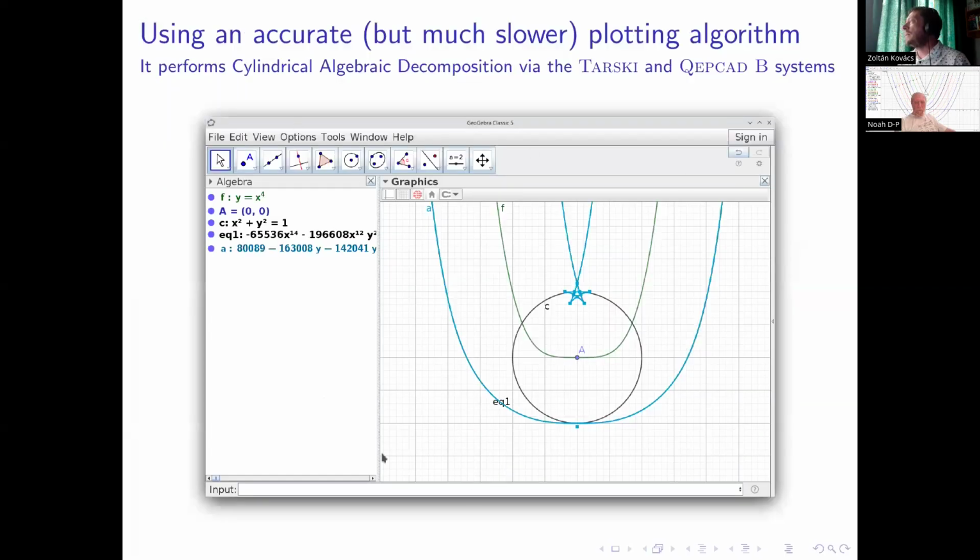And as mentioned, this is how it looks if we use a more sophisticated algorithm, namely cylindrical algebraic decomposition, to analyze the situation deeper. We need about 8 or 10 minutes to get this curve. So I will not go into the detail right now.